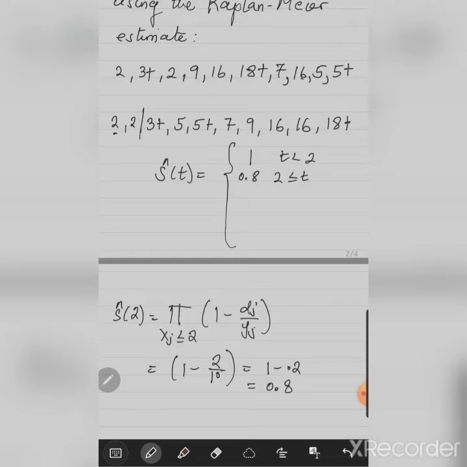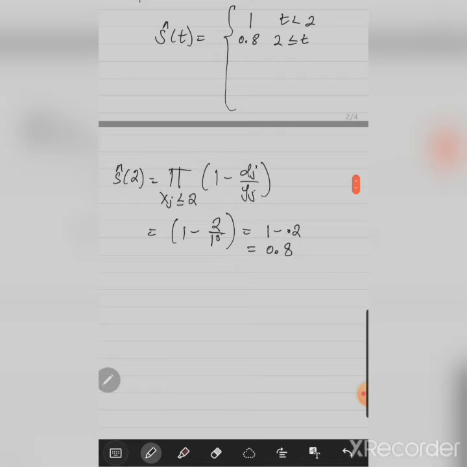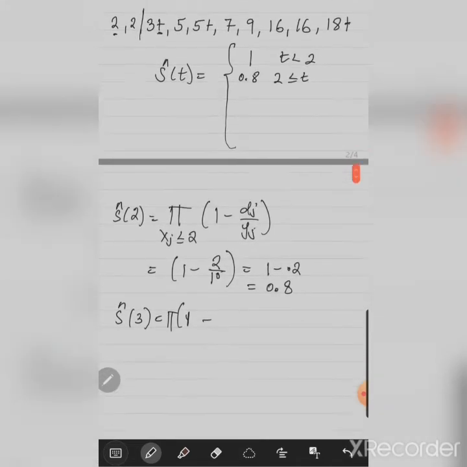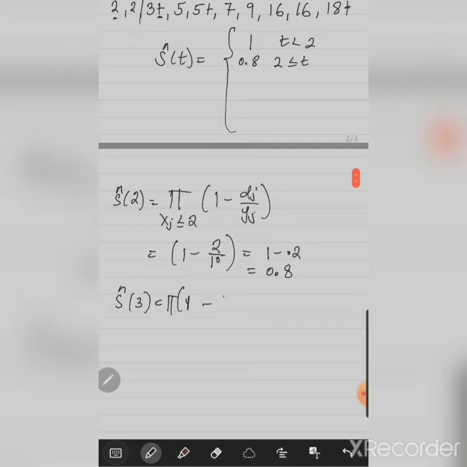At time 3, the observation is censored. So the numerator will be 0, because no deaths or events have occurred at time 3.